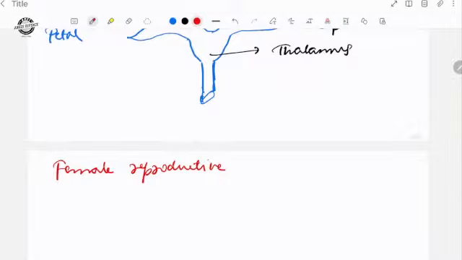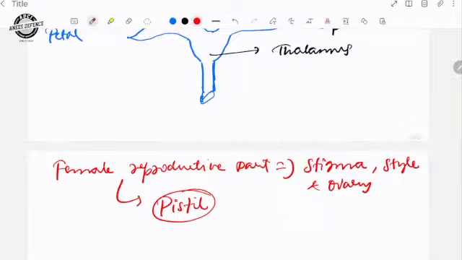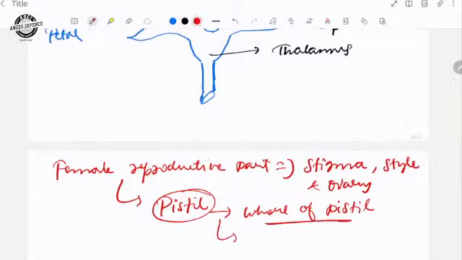In the female reproductive part, stigma, style, and ovary come. This is termed as pistil. If a whorl of pistils is present, meaning more than one pistil is present in a single flower, this is known as gynoecium.